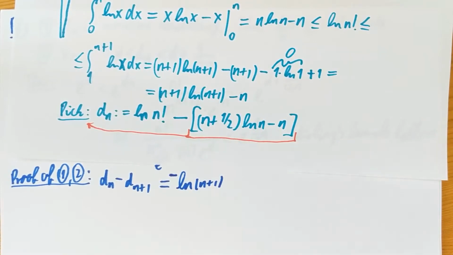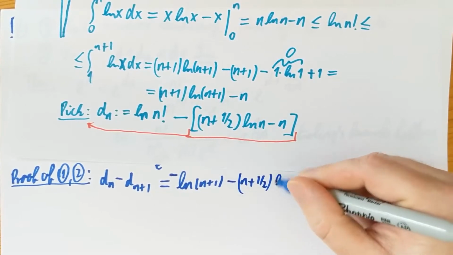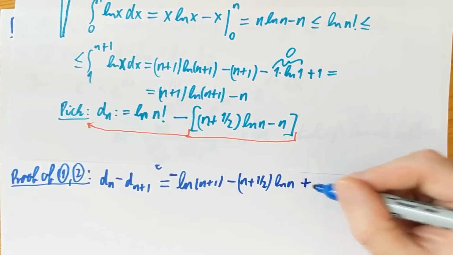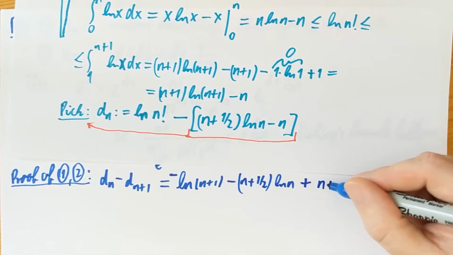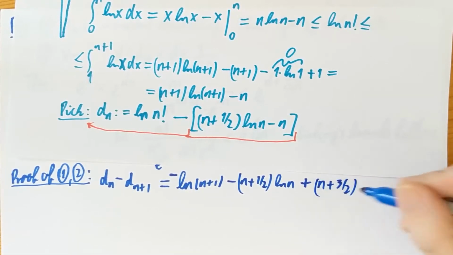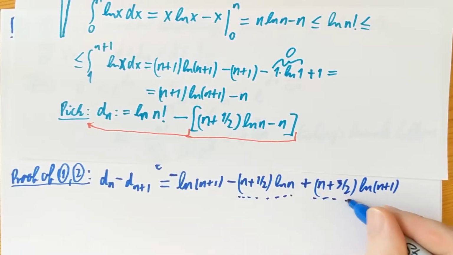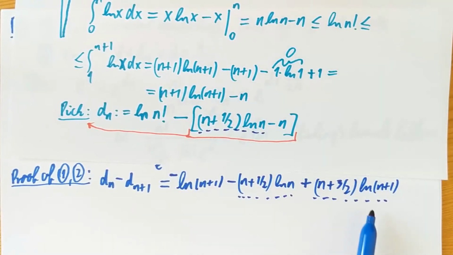The next thing to notice is that I am going to have a log with a minus. I'm having this term n plus 1 half log of n. That's just coming from dn here. Then I have, with a minus and another minus, the same term at n plus 1, log of n plus 1. Okay, so these terms come from this with the minus at n plus 1 and with the plus at n.